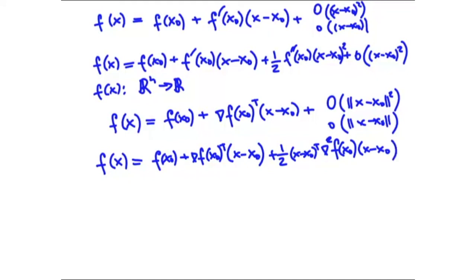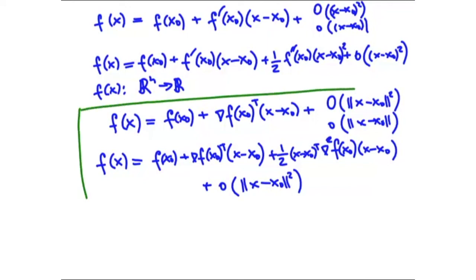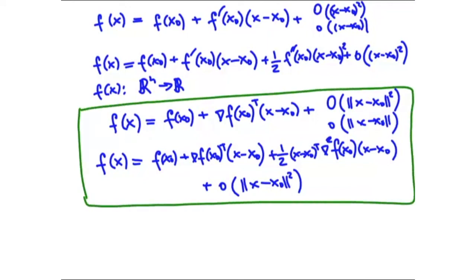All right, and the error term could be just expressed as O small of the norm of (x minus x0) squared. Okay, so these are the approximations that we'll use to develop the results that we need in order to characterize local optima for our nonlinear optimization problems. So these are very important results. These are approximations that are used very often. Okay, this is again the linear approximation, and this is the quadratic approximation.